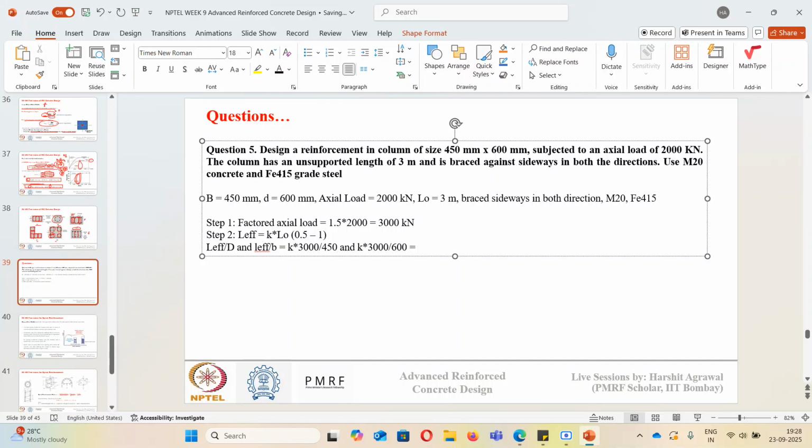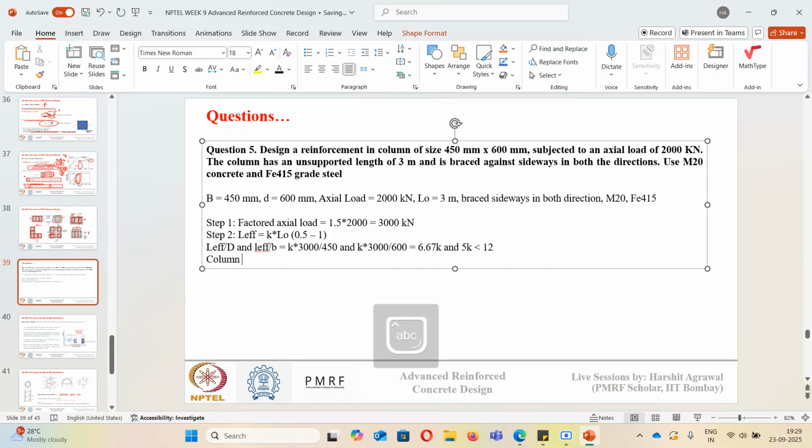So it will be nothing but 6.67K and 5K. Now you see K value is lying between 0.5 and 1. So at max this value can be 6.67 and at max this value can be 5, and both these values will always be less than 12. Okay, so even without calculating the value of K we can say columns are designed as short column.